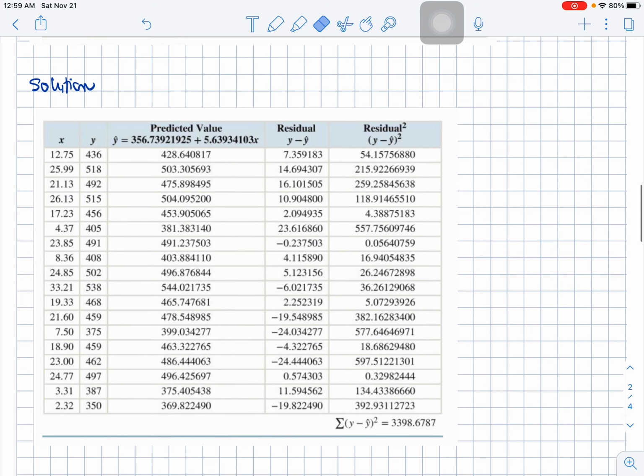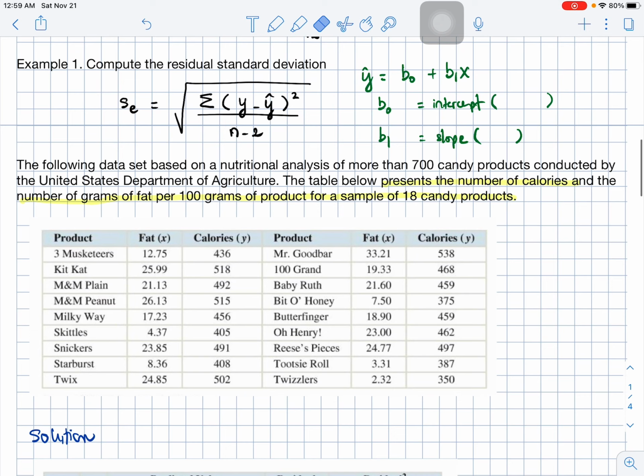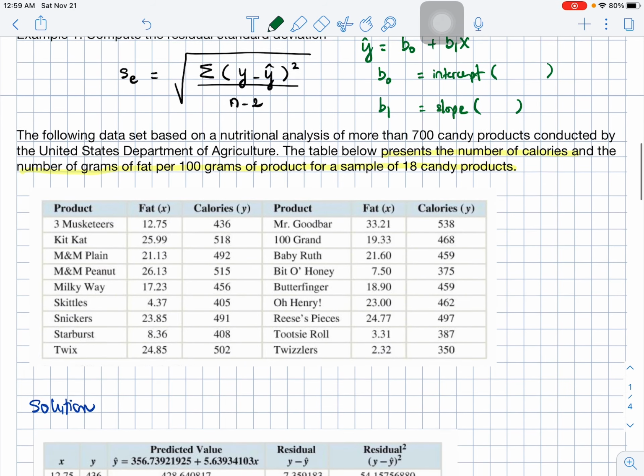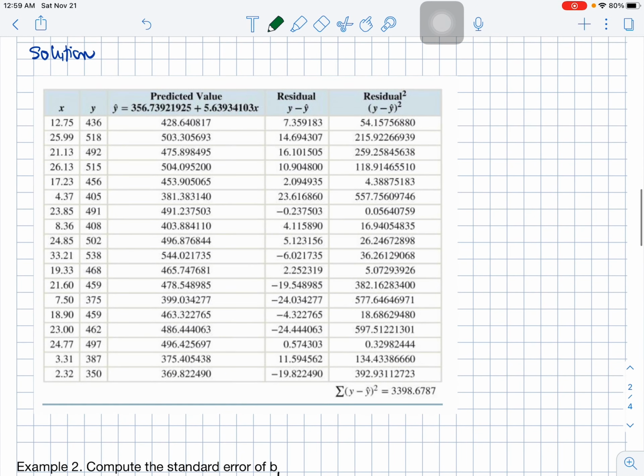After we get that number, we go back to the formula to find s_e, the residual standard deviation. Let's copy the formula down: s_e equals the square root of the sum of (y minus y hat) squared divided by n minus 2.